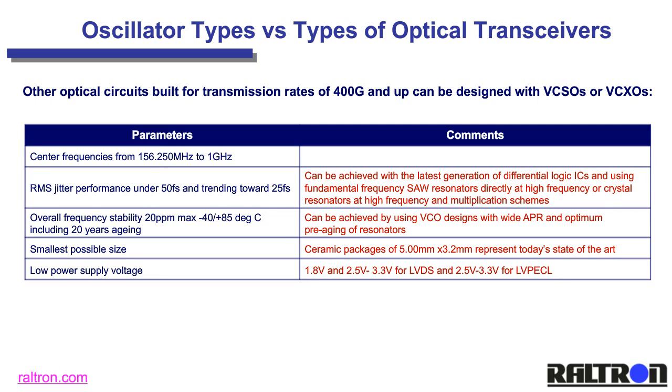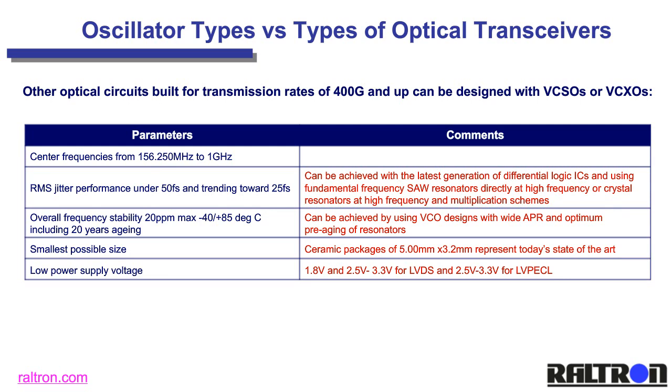And also we have VCXOs where we use a resonator as high frequency as possible with crystal, which is kind of limited at around 212 megahertz. And then we use a multiplication scheme to get to the higher frequency. That for the RMS jitter.